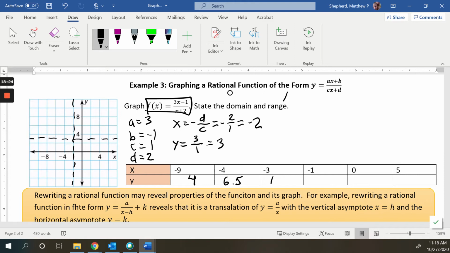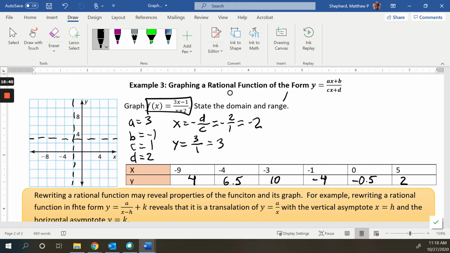So at negative 3, it would be a 10. At negative 1, negative 4. At 0, we will get negative 0.5. And at 5, it's 2.